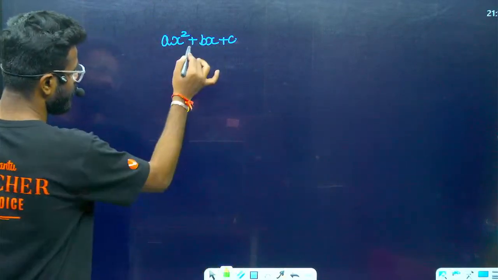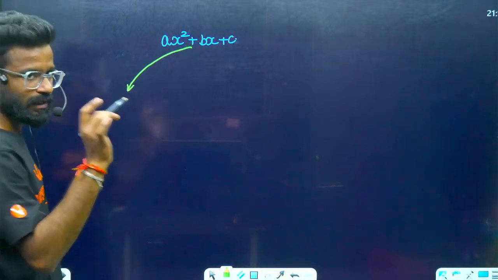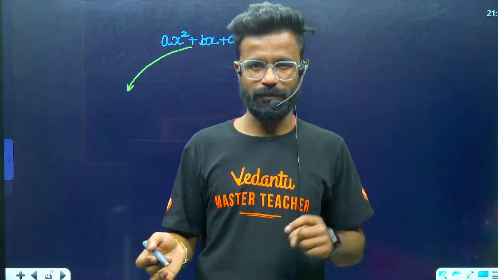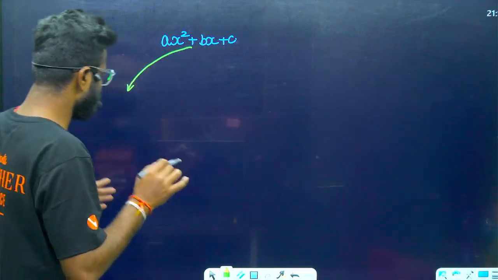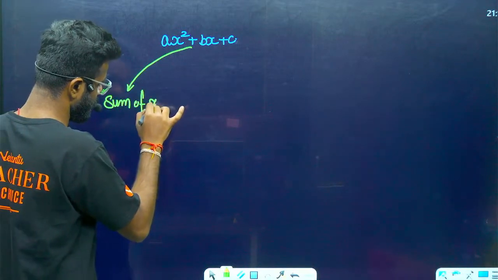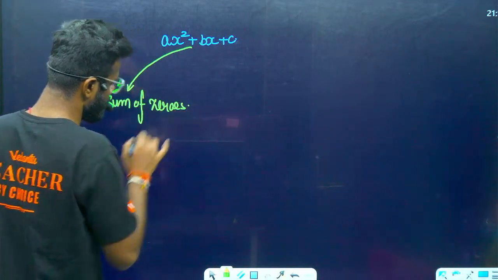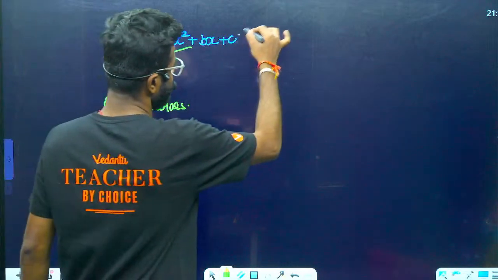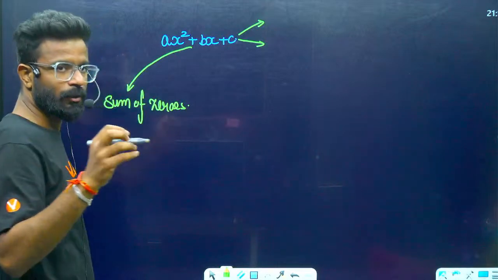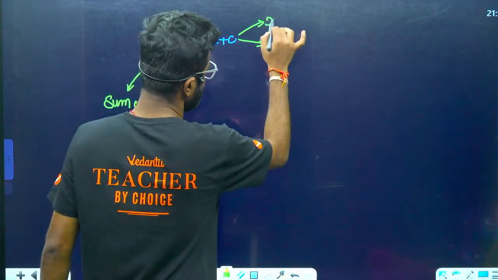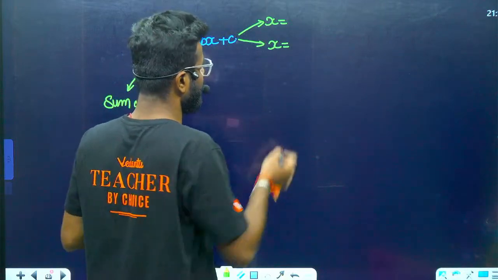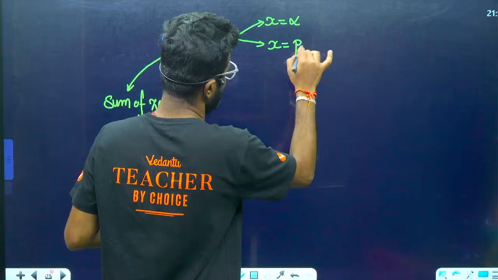To verify the relationship between the zeros and the coefficients, you can verify it by sum of zeros and product of zeros. If you solve this quadratic polynomial, you get two values of x. X is equal to something or x is equal to something. We can take them as alpha and beta.